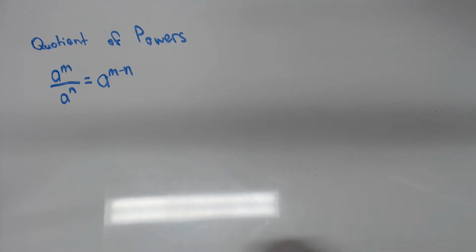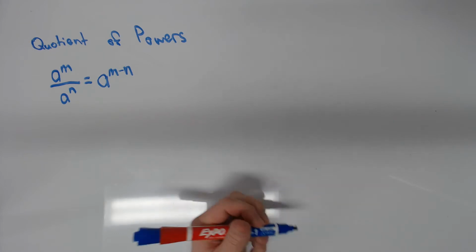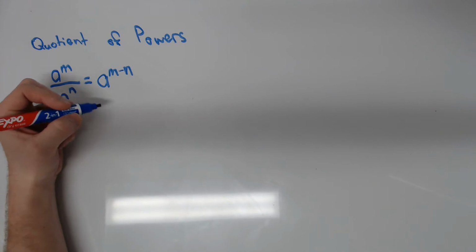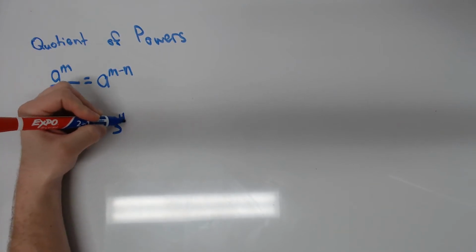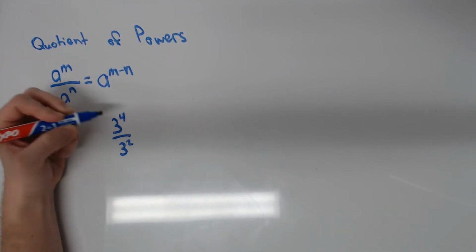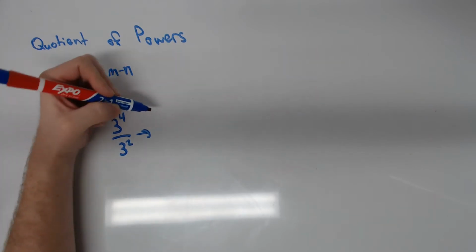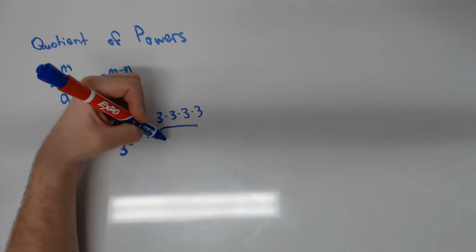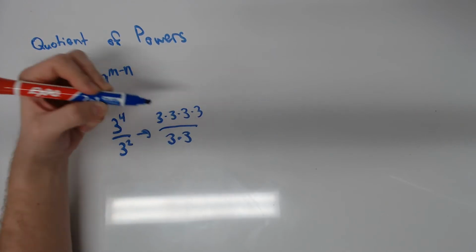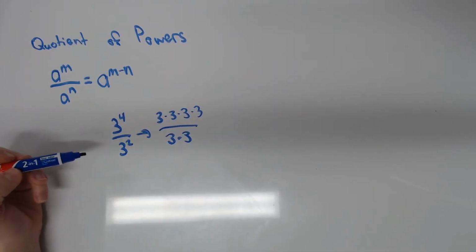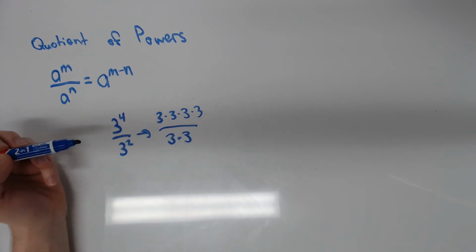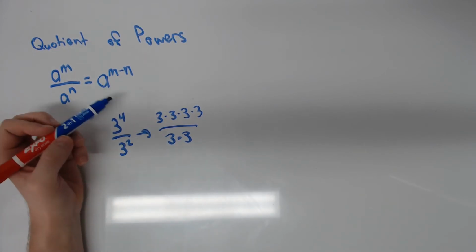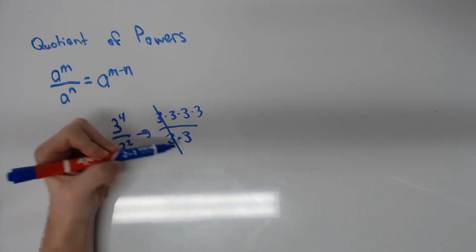Quotient of powers is similar but the opposite. This time I'm going to subtract the exponents. So I'll use similar numbers to last time. If I do 3 to the 4th power over 3 squared, what does that look like when I expand it out? 3 times 3 times 3 times 3 on the top, 3 times 3 on the bottom. Since everything's multiplied together, anything that's on top and on bottom of the fraction that matches can get canceled out.